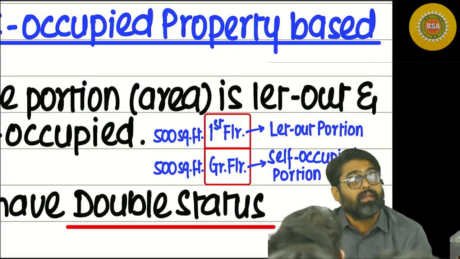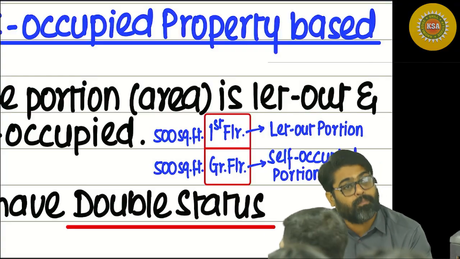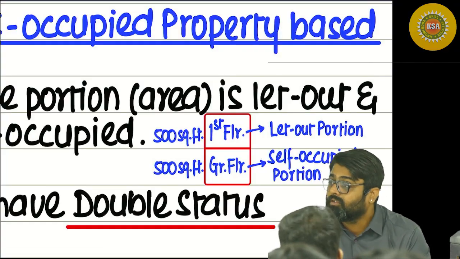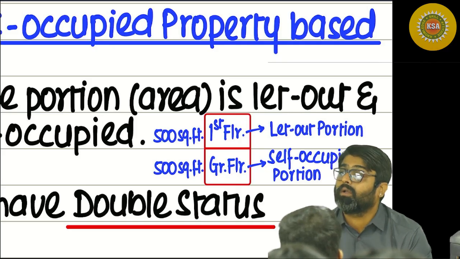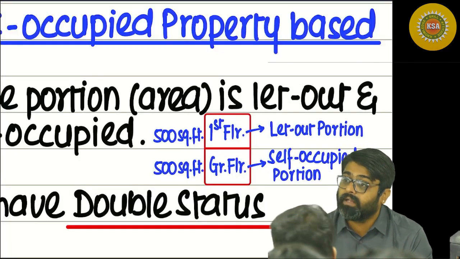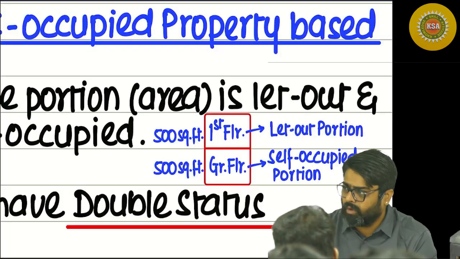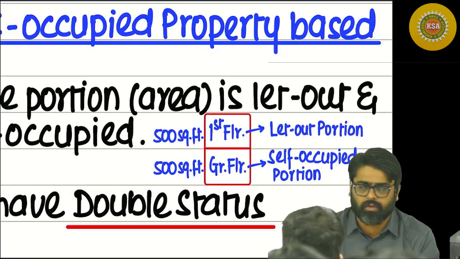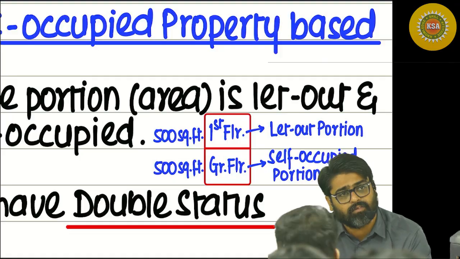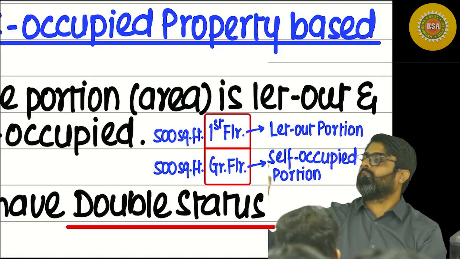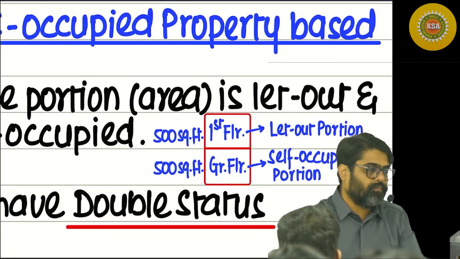Yes or no? Even if it is self-occupied property, the annual value is nil. Still you get deduction for interest. That I'm going to discuss in some time. Don't worry about that. But first of all, did you understand this? Now, sir has told you what to do.